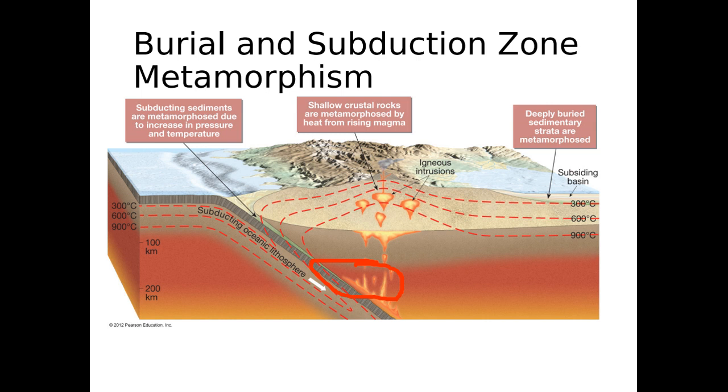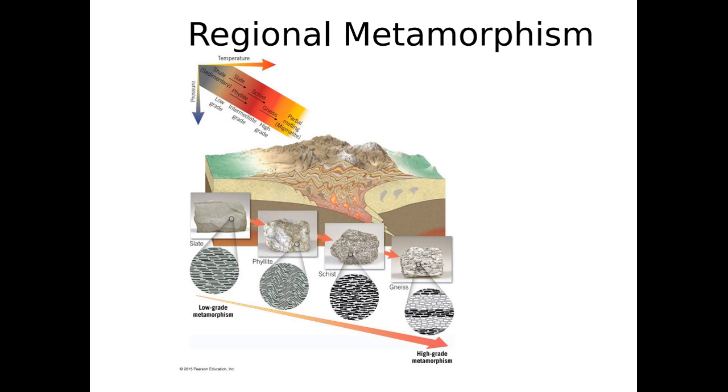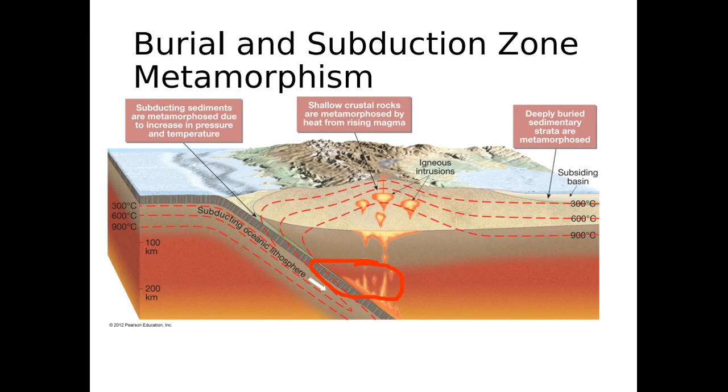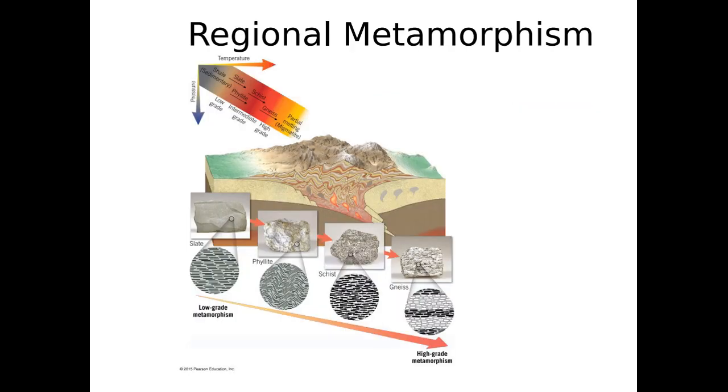Regional metamorphism happens when two continents collide, as opposed to subduction metamorphism, which is when an ocean plate and a continent collide, or two ocean plates collide. But this regional metamorphism can make metamorphic rocks for hundreds of miles and different degrees of metamorphic rock.